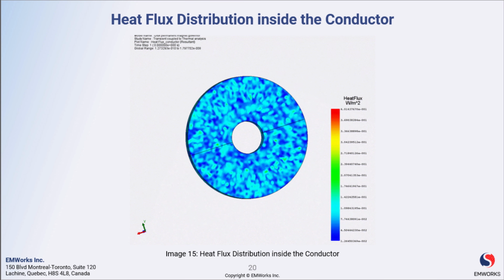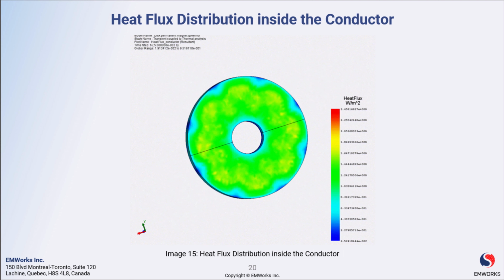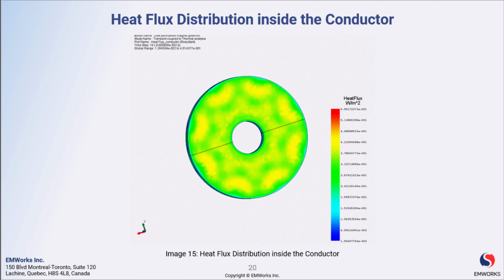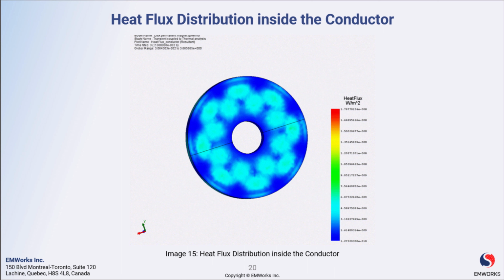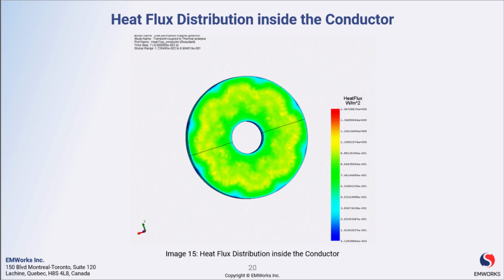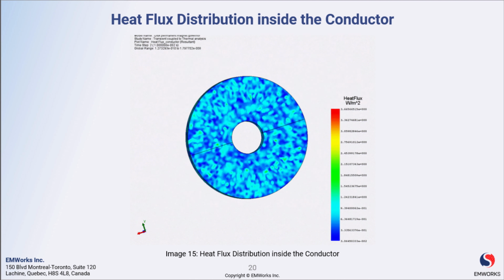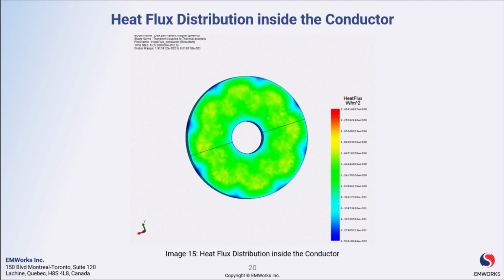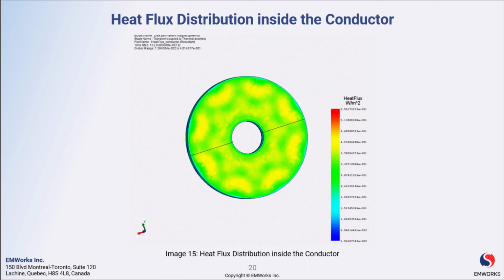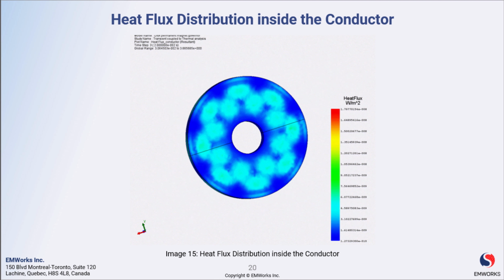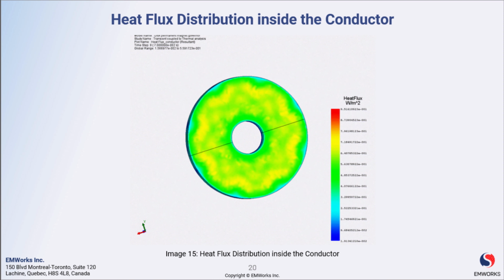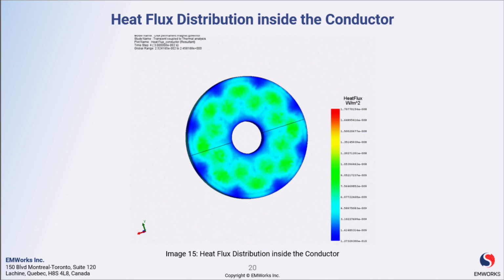Next, we have the results shown for the heat flux distribution inside the conductor of the disk. Understanding the heat flux distribution is crucial again for evaluating the thermal performance and identifying potential hotspots within the system. We can find the regions with high heat flux, which may lead to localized temperature rises or potential thermal issues.